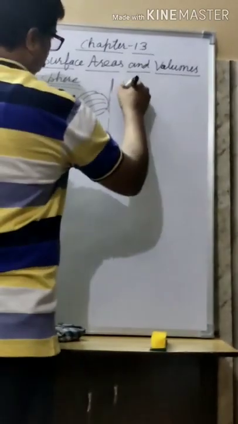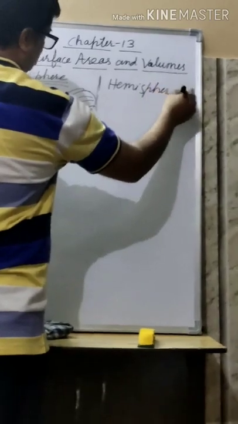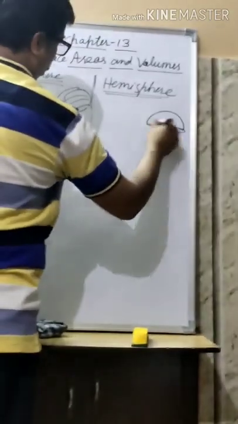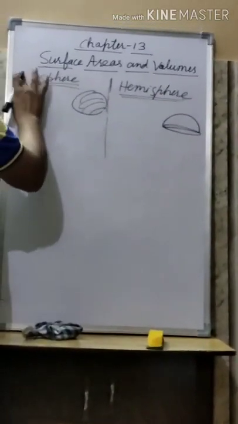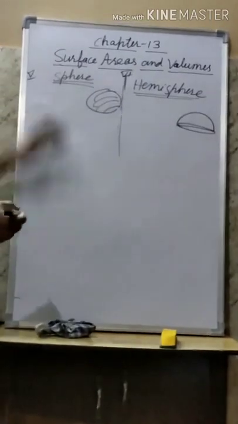And then another one, hemisphere. Hemisphere means half sphere. Clear this? So this is the fifth one, and this is the sixth one. Fifth, sphere.